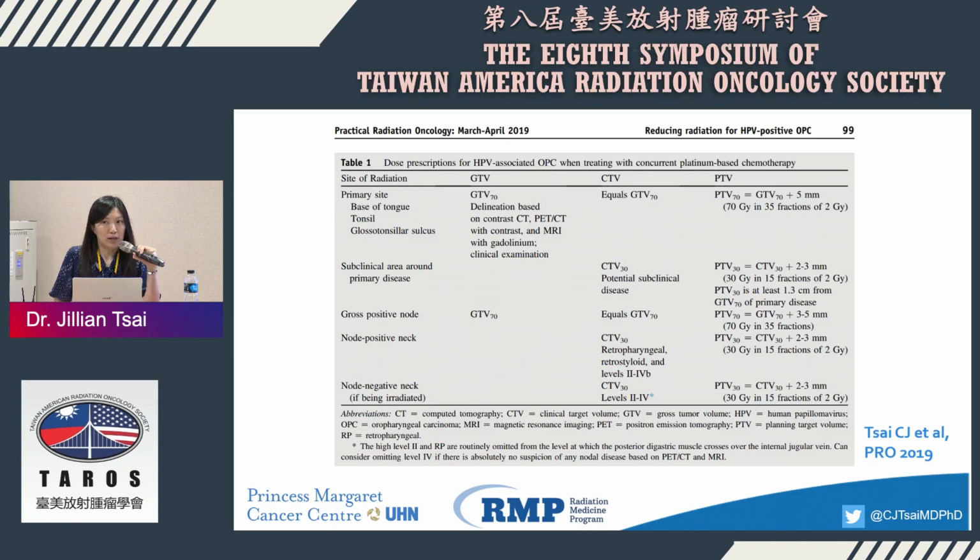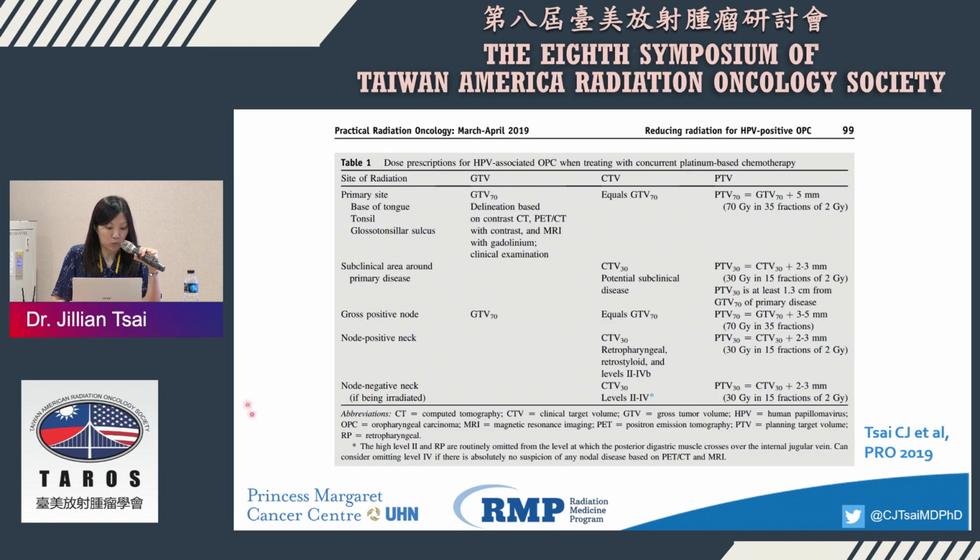But we also know that we cannot just randomly decrease the gross disease dose to 70 gray without putting patients on trial. So in order to lower the toxicities, we try to decrease the elective dose so that there's less dose and less field being treated in the 50 to 60 gray region.